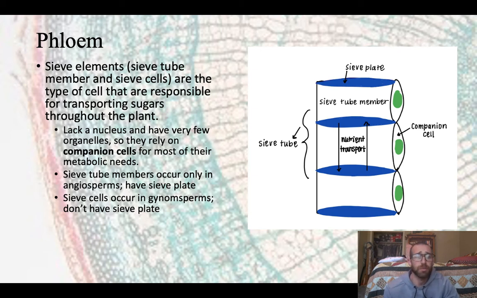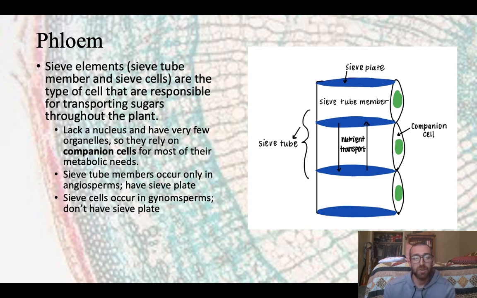Now, our phloem is composed of sieve elements, which, depending on whether you are an angiosperm or gymnosperm, consist of sieve tube members or sieve cells. An interesting thing about our sieve elements is that they lack a nucleus. Remember, the brain of the cell, the command center.